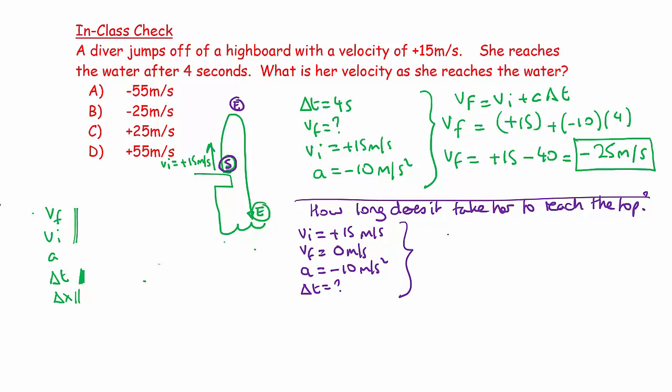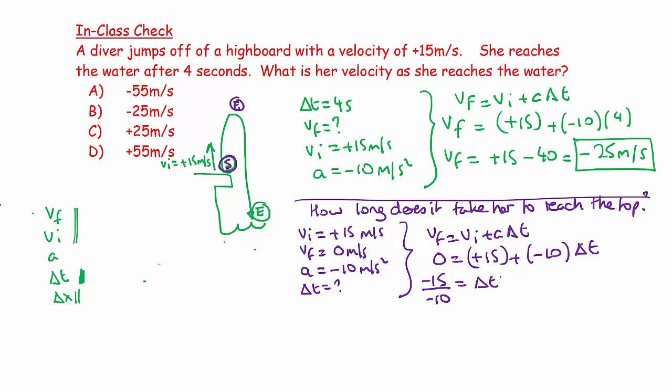And I go, oh yeah, VF is equal to VI plus A delta T. So VF, which is 0, is equal to VI, which is plus 15, plus minus 10 times delta T. So that's going to be minus 15 over minus 10 is equal to delta T, which equals plus 1.5 seconds.